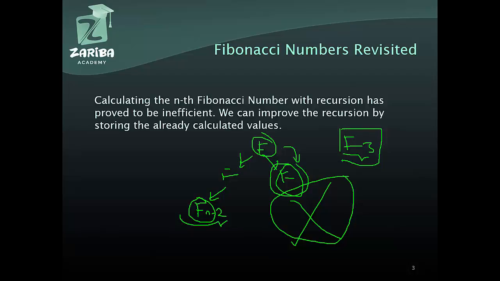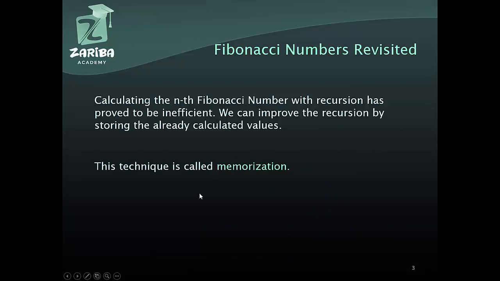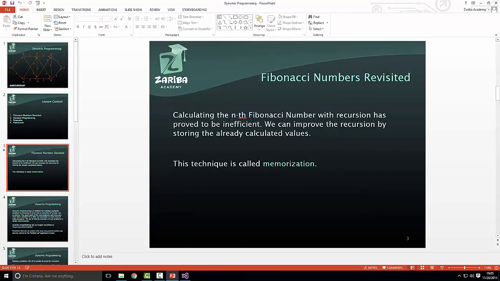We don't have to go all the way to f of 1 in order to know f of 3 once we've already done this calculation. So this technique is called memoization.